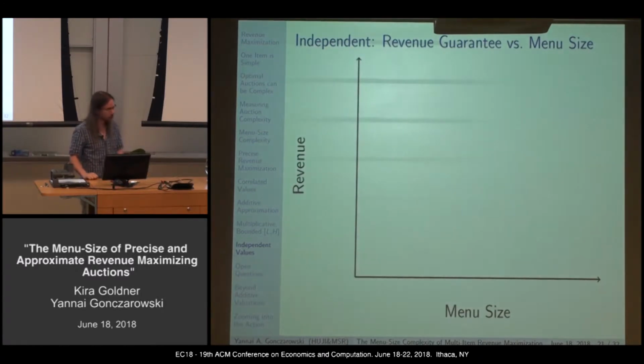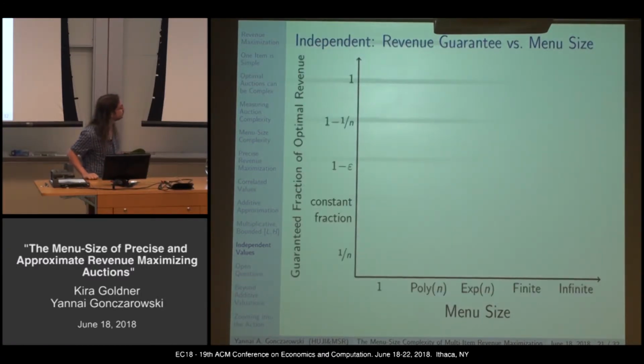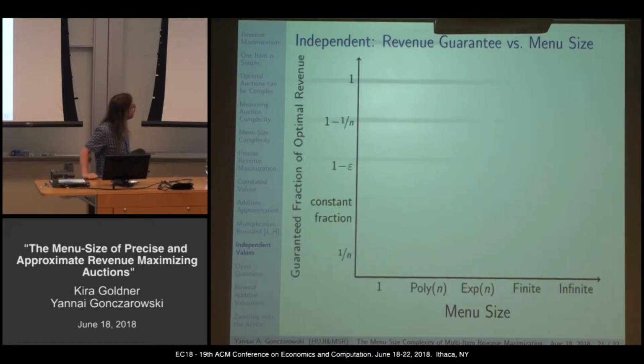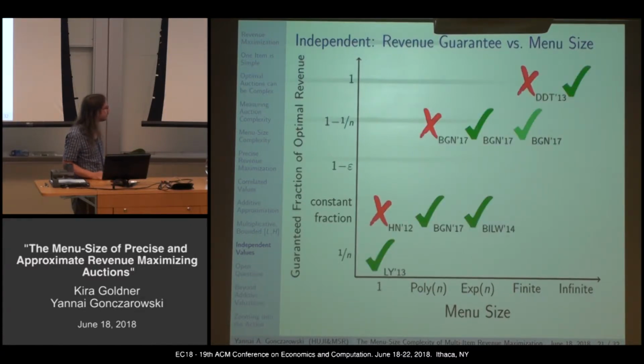Okay, so graph time. Let's look at what we've talked about so far. We're going to have the revenue as a function of the menu size, or more precisely, the guaranteed fraction of the optimal revenue, since we're talking about the multiplicative, as a function of the menu size. So what do we know? We know that DDT show us that you can't get precise revenue maximization using a finite menu size.